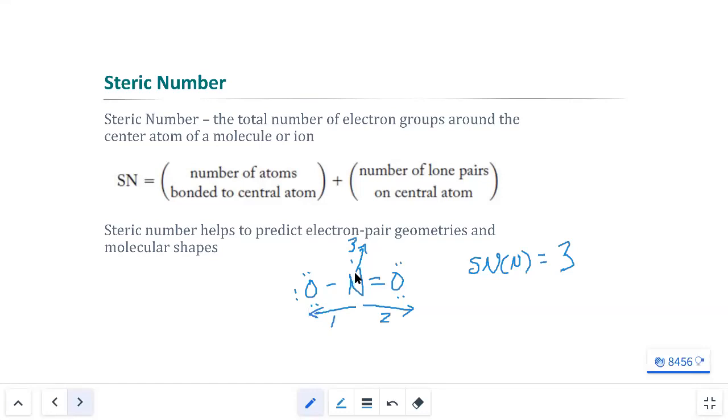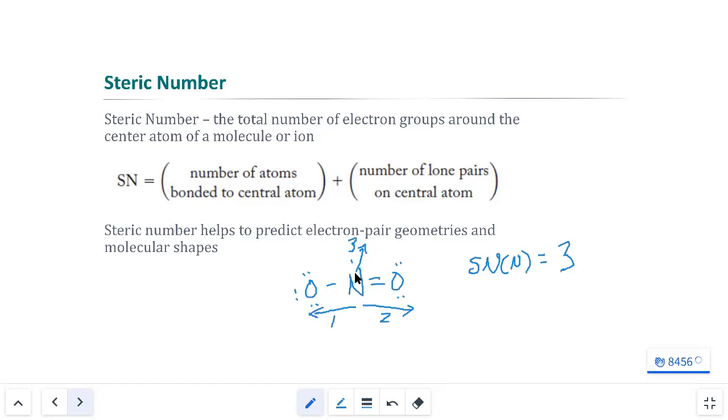So it doesn't matter if I have a single, double, or triple bond. If all of those electrons are going in one direction toward one atom, it counts as one center. So in this case, there are only 3 directions.